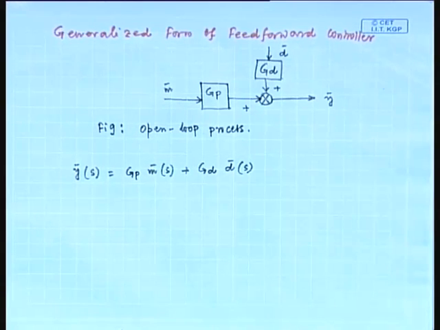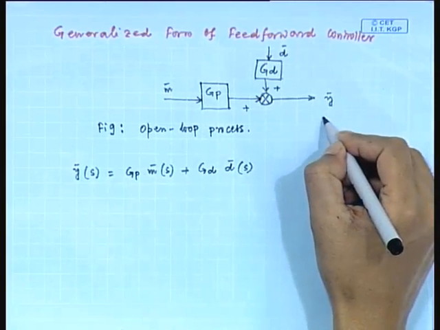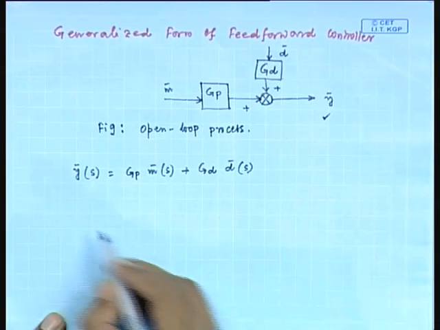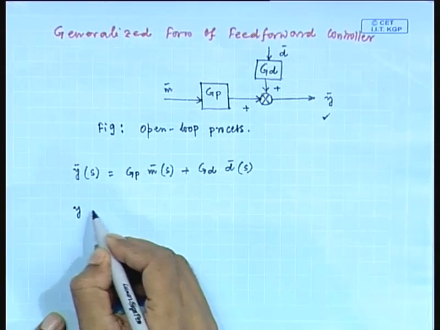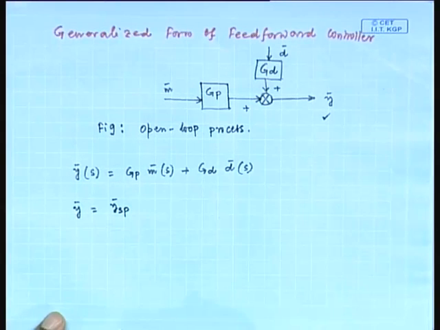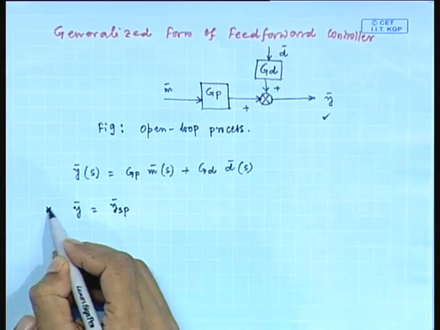This is the representation of the open loop process shown here. Now, our target is to keep y at its set point value. This is our target.